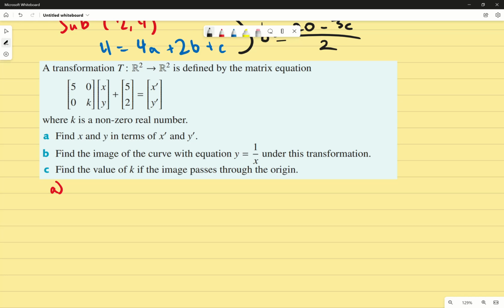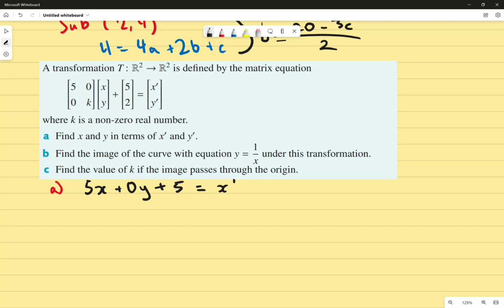Of course, this means that we need to be able to use our multiplication of matrices. Apologies. Multiplication of matrices, which means we have 5x plus 0y plus 5 equals x dash. Any qualms with that? Okay.